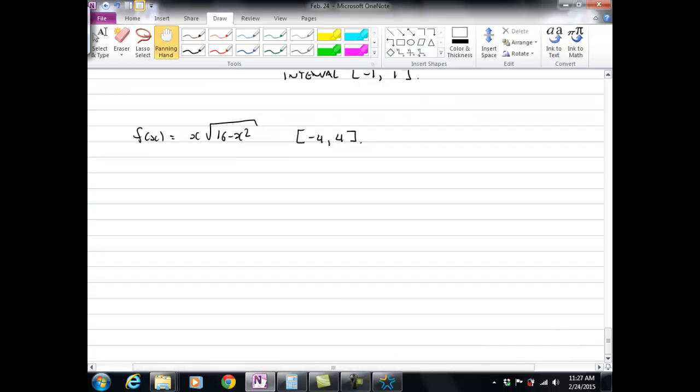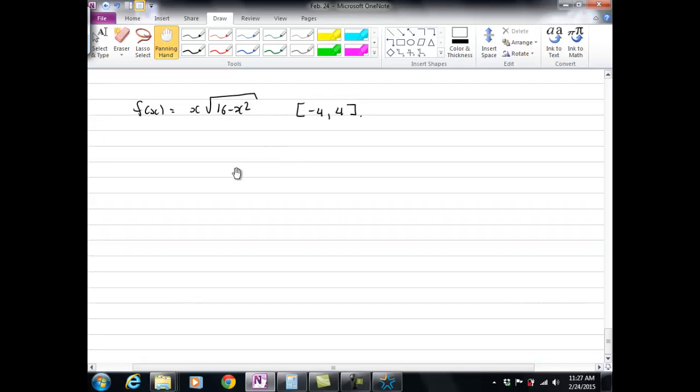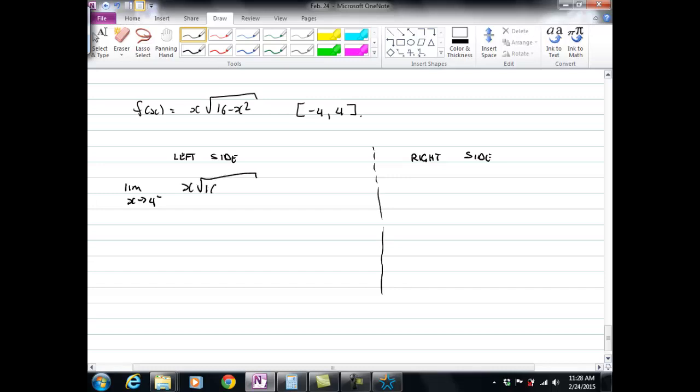I'm going to break this up. In order for me to prove it's continuous on an interval, I'm going to break it up into two parts, left side and right side. Again, you can do it in any order you like. So I go lim as x approaches 4 from the left of x root 16 minus x squared. And if I can sub in 4, I sub in 4.